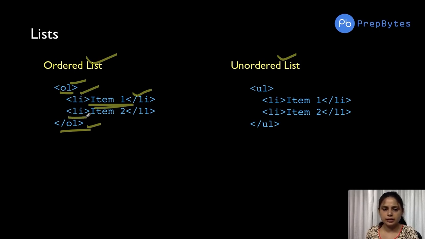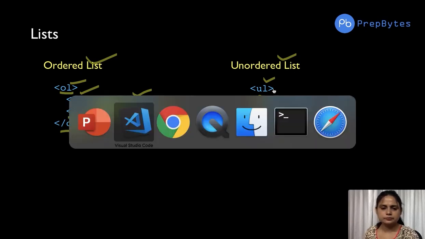Similarly here we have opening li tag, content, closing li tag. Now in the case of an unordered list, this particular part remains exactly the same. There is no change out there. The only tag that changes is UL. So it is very simple to remember. Since ordered list is OL, unordered list is UL. Let's just go ahead and write the code. We will see both the lists.